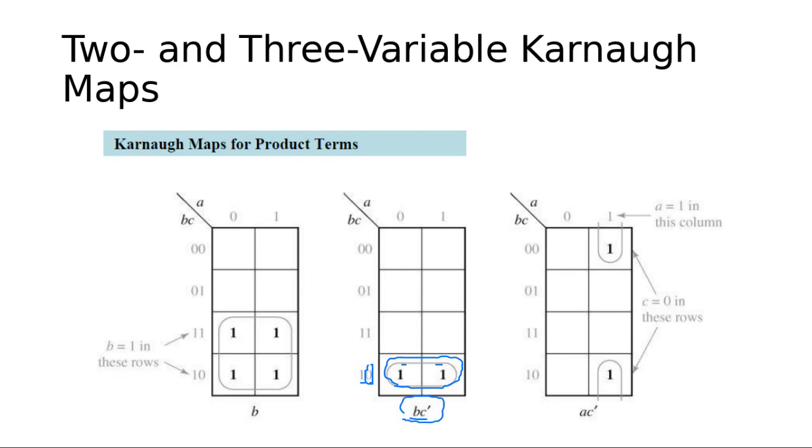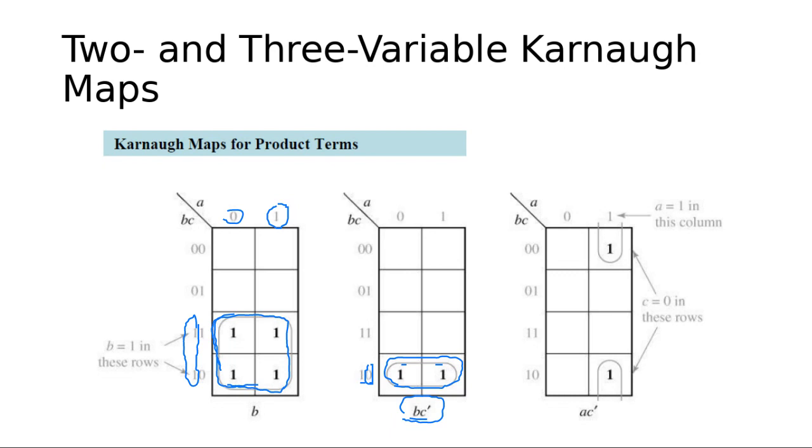Let's look at this. This one is the 4 variable square, right? You have 4 variables. Is A changing? Right. It gets 0 and 1 during the square. Is B changing? No. During the square, it is only 1.